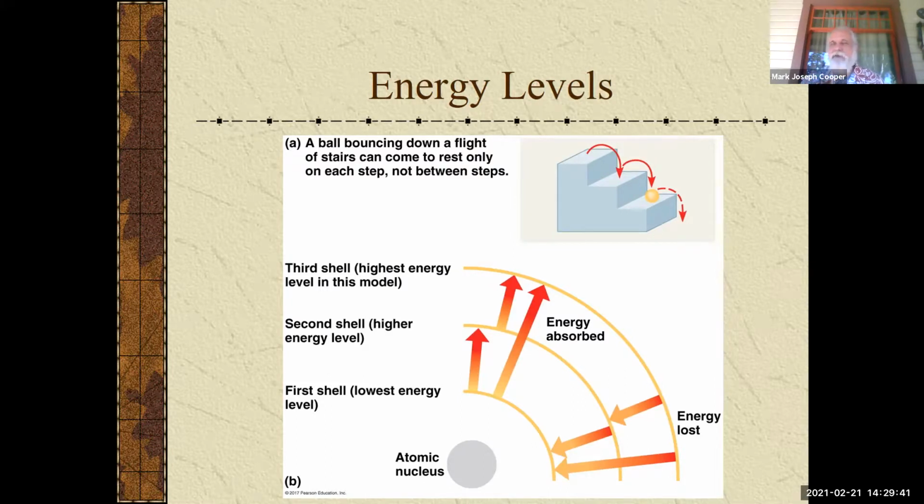And then within that, there are orbitals, which is the pathway these electrons will take. And we're not going to go into all the details of the different ones, the S's and P's and all that stuff. That's not important for biology.